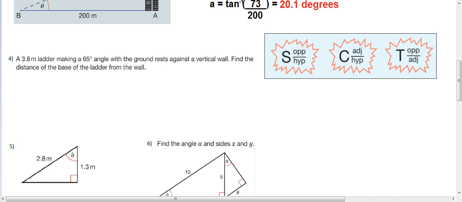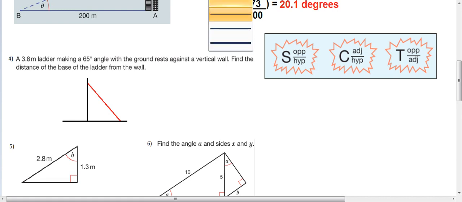Okay, so we have a ladder which I'm going to represent with red. This ladder is leaning on a wall. Let me draw the wall here. We also have an angle here, which I'm going to represent with blue.